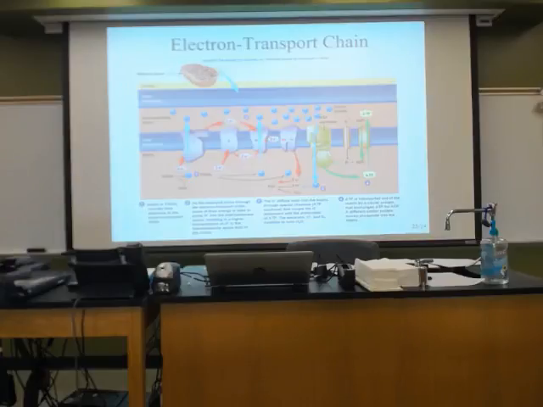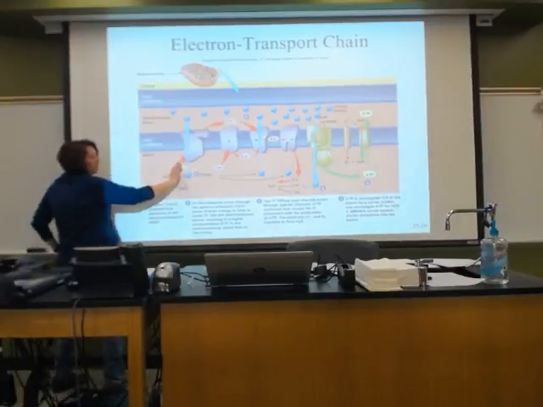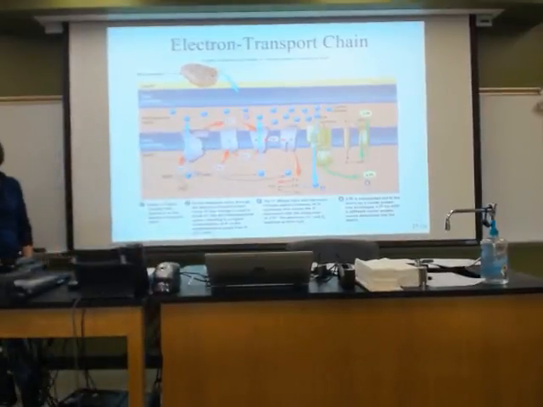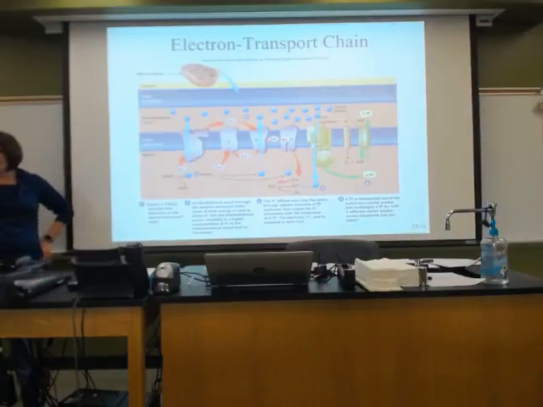Now, everything that's being shuttled to the electron transport chain, all of those little proteins and everything, are in the inner membrane. The electrons get shuttled to the first protein, and then that electron begins to bounce down all of those proteins. What do you see the H pluses doing? Because remember, we balance the electrons, which are negative, with the H plus. What do you see the H pluses doing?